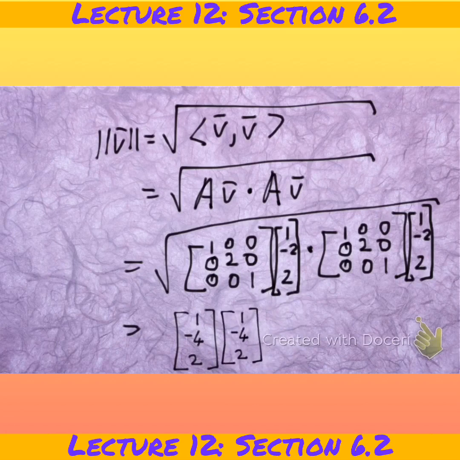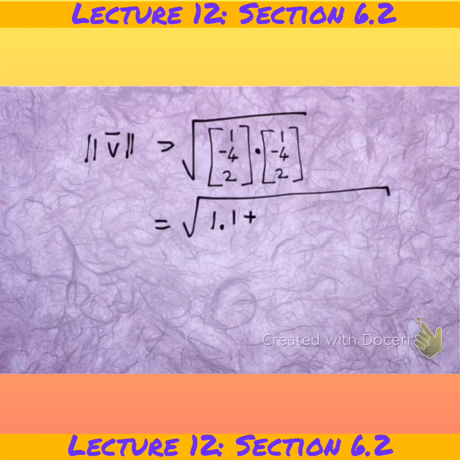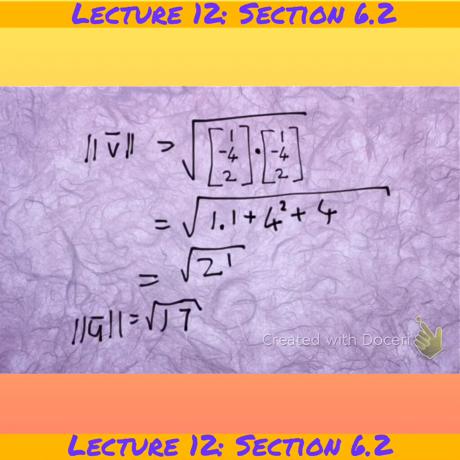You can calculate that quite easily, and so you get that the norm of v is the square root of the dot product between those two vectors, which is the square root of 21.